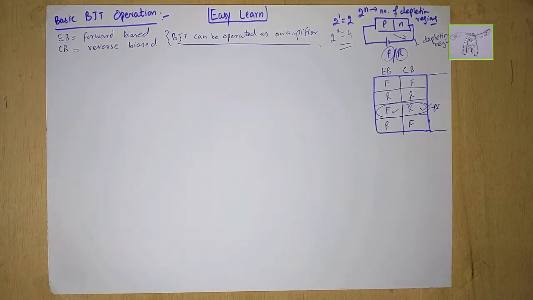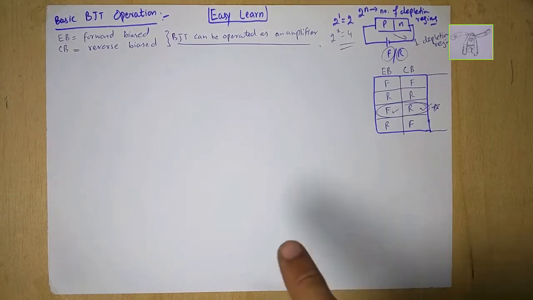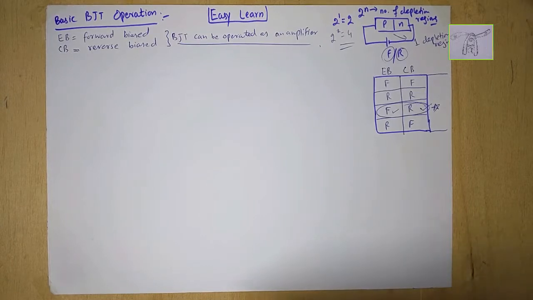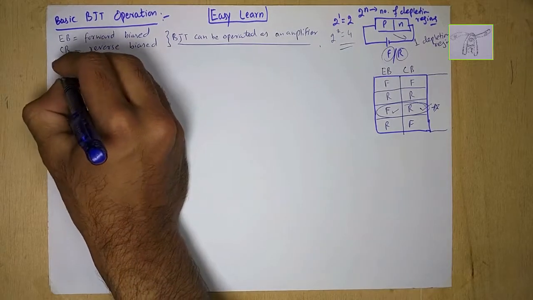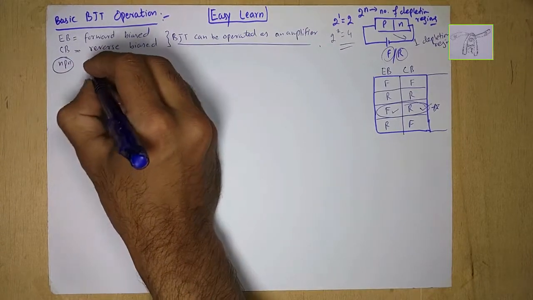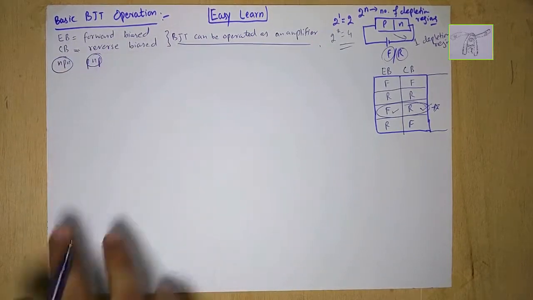In order to operate the BJT properly as an amplifier, the two PN junctions must be connected properly. The emitter-base junction and collector-base junction must be correctly biased, and I will use NPN today, since NPN is the most commonly used.